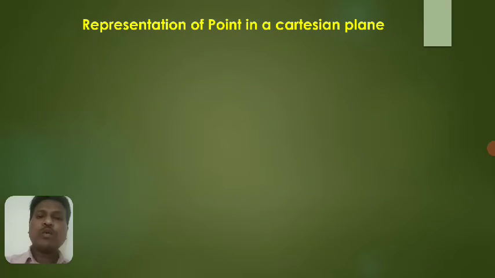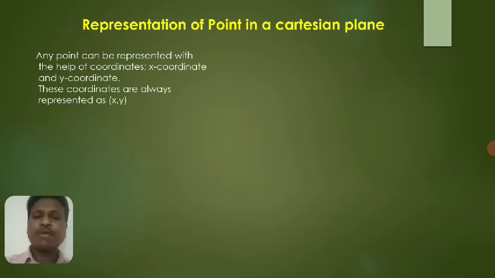How to represent a point in a Cartesian plane? That is the next question, right? To represent a particular point in a Cartesian plane, we need to consider two coordinates, the x coordinate and the y coordinate. Any point can be represented with the help of these two coordinates, and it is always written in brackets as (x, y).